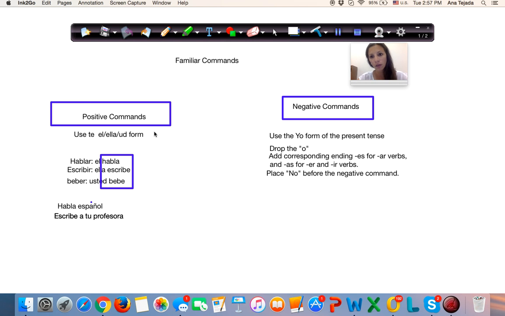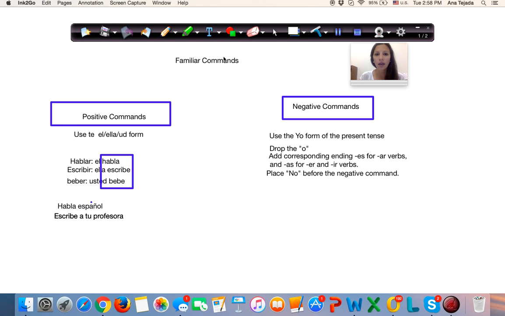Let's look at the negative commands. It will be the opposite of habla español, speak Spanish. The negative will be don't speak Spanish, right? To conjugate that, we're going to use the yo form of the present tense. We're going to drop the O, and then add the corresponding endings.